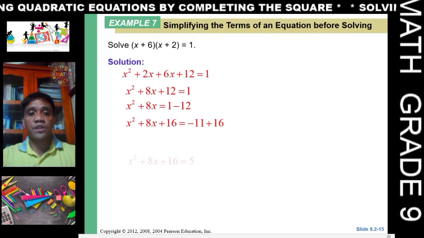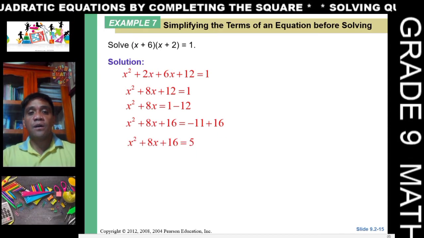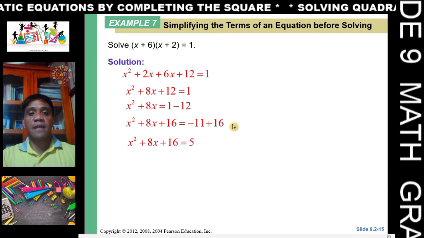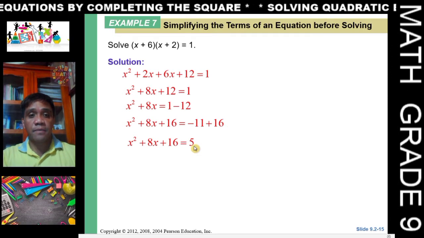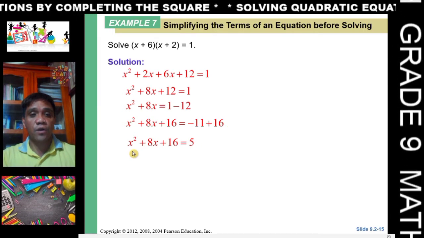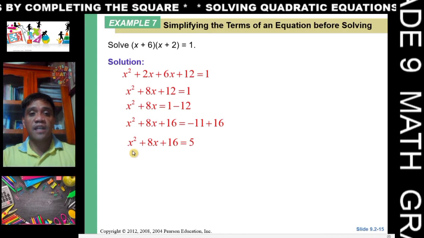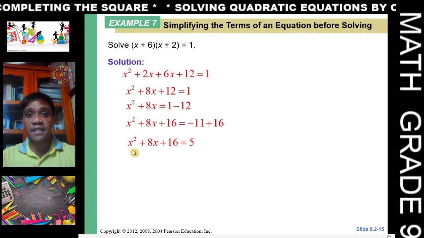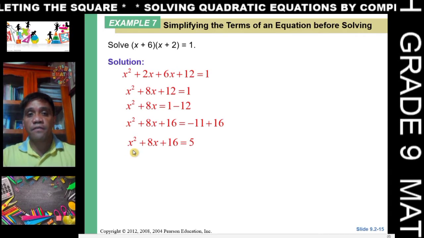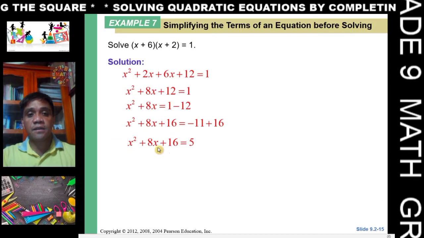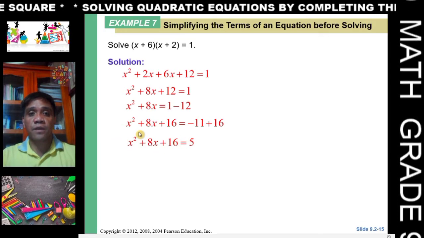And after which, we combine negative 11 plus 16 and we have 5. So we have now the next step, which is x squared plus 8x plus 16 is equal to 5.